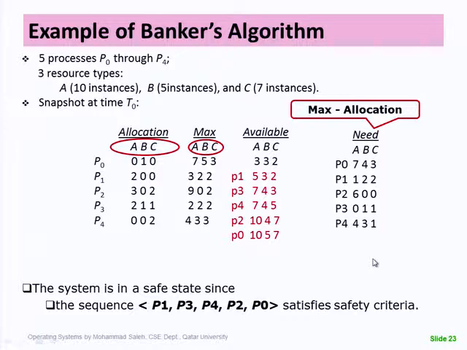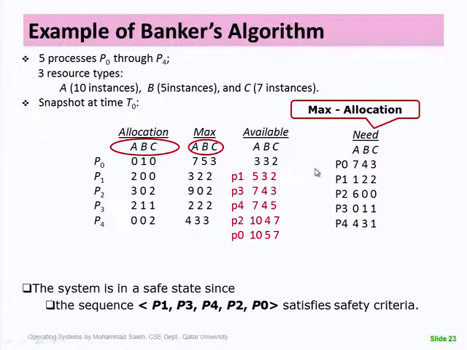Now, as for the snapshot that we have seen of the system, let's check whether it is in a safe state or not. Looking at the system, excluding the red color information in here, that's basically the current state of the system. Now, we'll try to execute the processes in the system, starting with P0.